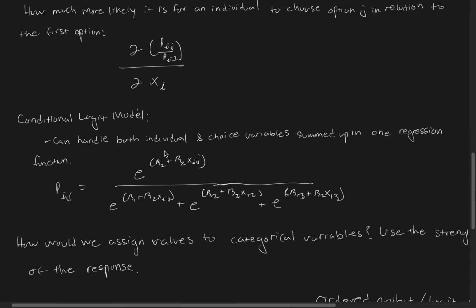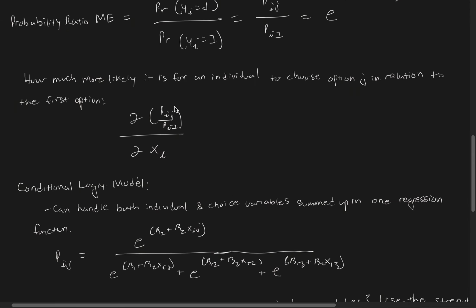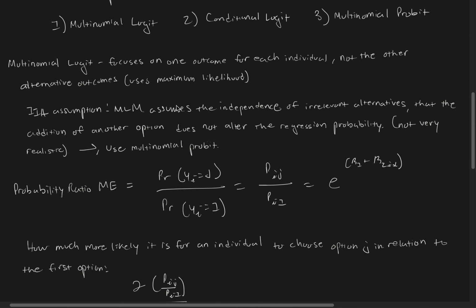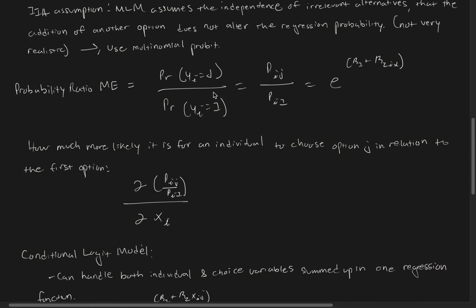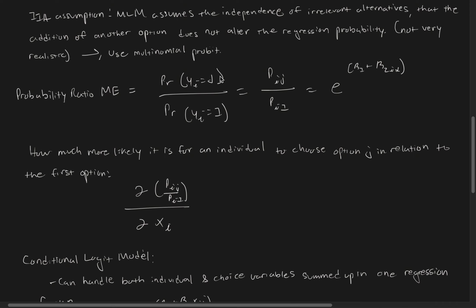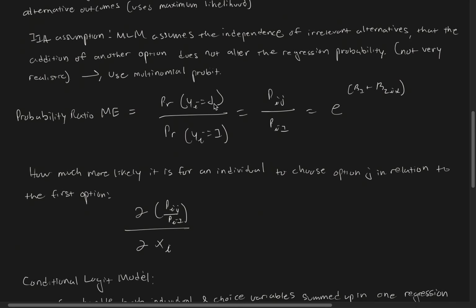All right, now the conditional logit model is different from the multinomial logit and the multinomial probit because it actually accounts for both the individual and the choice variables. So when we're looking at this, we're only looking at one outcome for each individual. Right here, we were looking at only if the individual chose option 1, then what would our probabilities be?